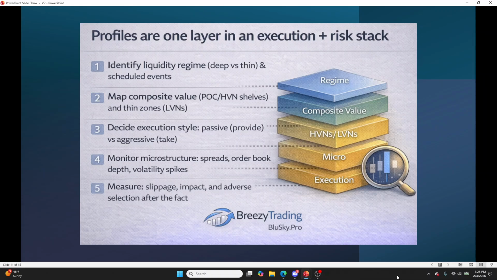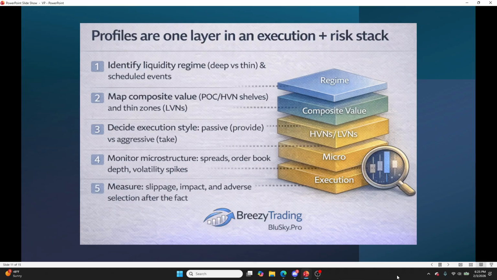And then monitor microstructure, so spreads, the order book depth, volatility spikes, things that you'll always hear me constantly talk about. And then again, measure slippage, impact, and adverse selection after the fact, right?